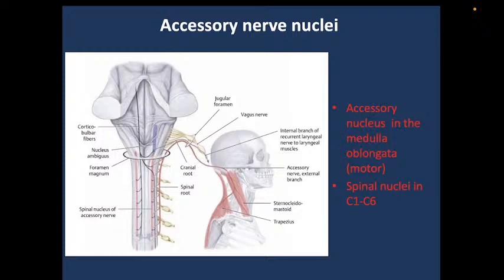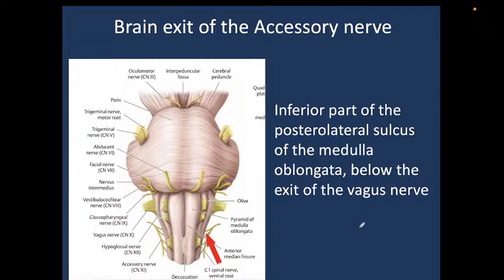Here you see the external branch innervating the trapezius and sternocleidomastoid, and these are the nuclei inside the spinal cord and medulla oblongata, and all of these nuclei are motor nuclei.